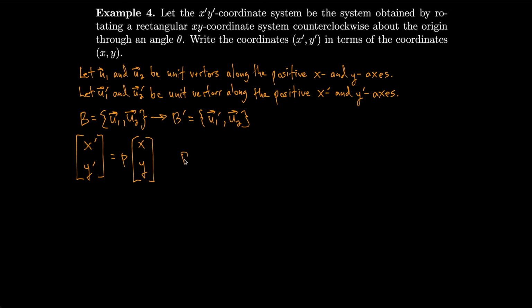So that transition matrix P we can write as u1 rewritten in terms of B prime adjoined with u2 in terms of B prime. So let's see what those vectors are.